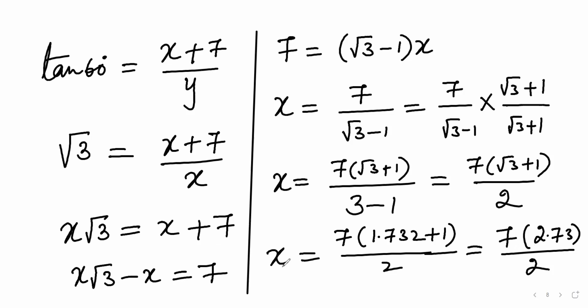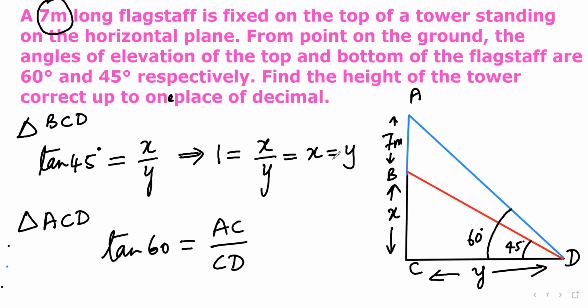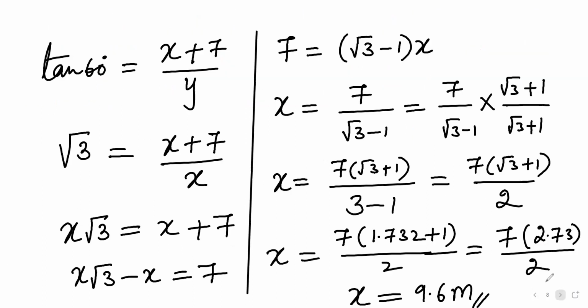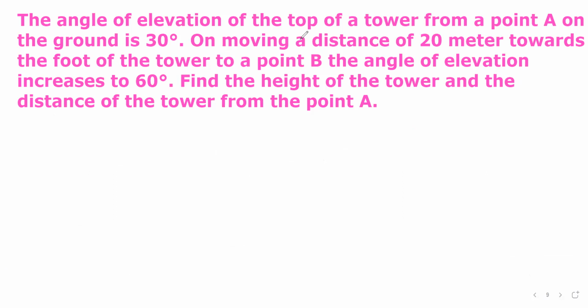If you further simplify this, we get x equals 9.6 meters. So this is the final answer. Hope this is clear, the rationalizing part. And how I have taken y equals x, because in the previous triangle we got x equals y. Hope this is very clear. We'll move to the next question.